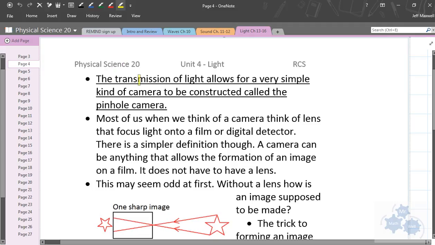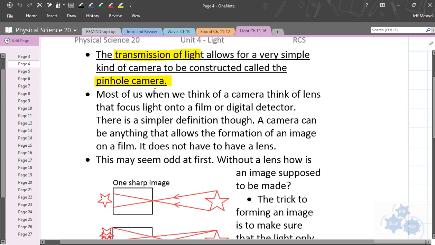I do have one that I made with a student last year, and it doesn't work real well because it's tough to get the camera to work properly so that you see a clear image. But like I say, in the video you'll see how they can work.